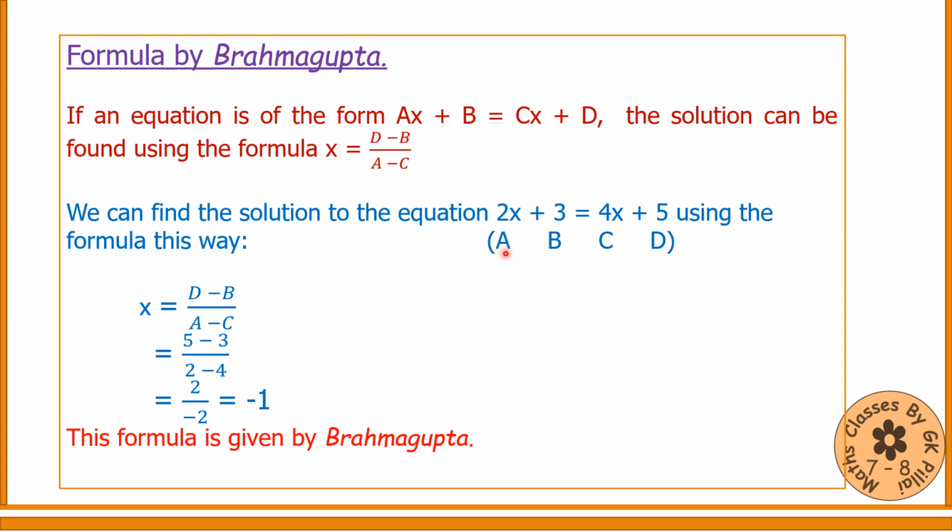So 2 will be a, 3 will be b, 4 will be c, and 5 will be d. The value of x will be d minus b upon a minus c. 5 minus 3 upon 2 minus 4, that will be 2 upon minus 2, which is minus 1. This formula is given by Brahmagupta.